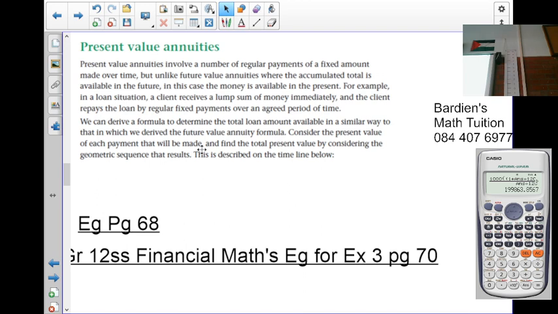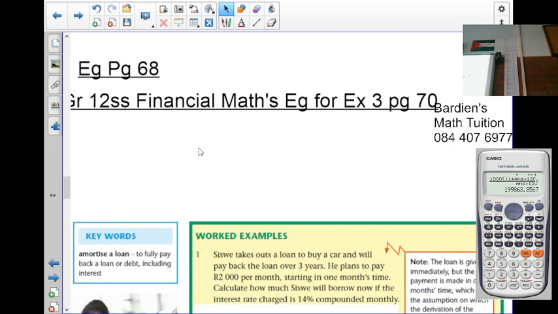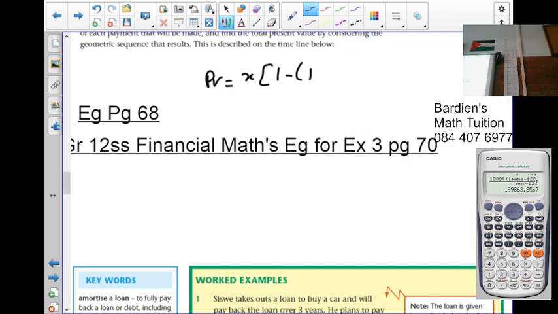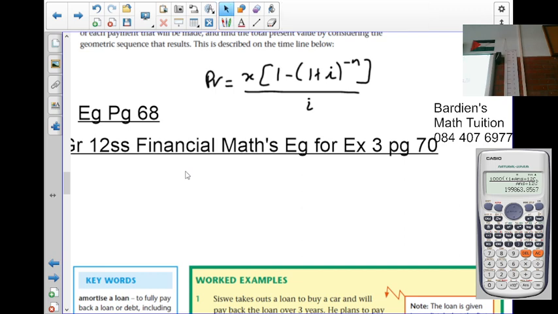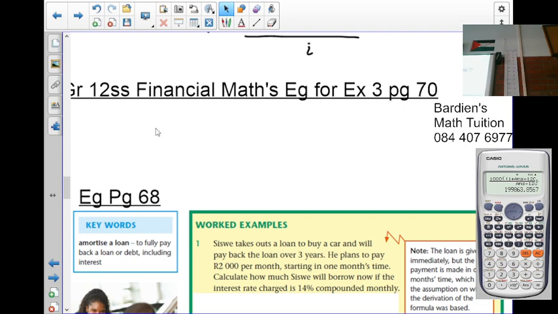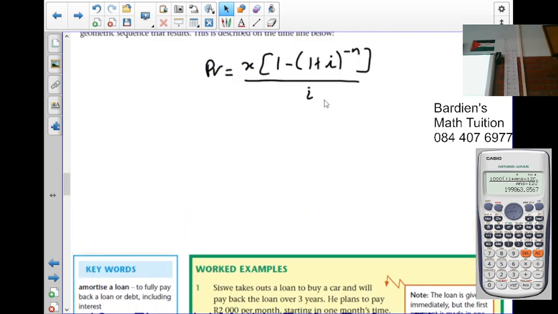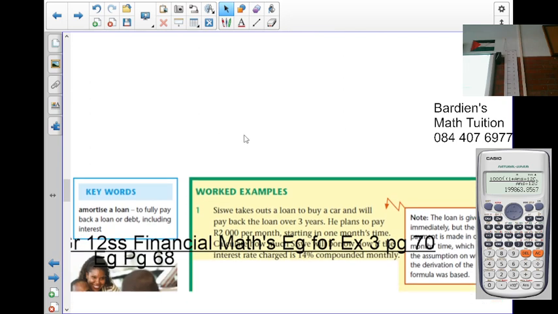The formula is PV is equal to X into 1 minus 1 plus i to the exponent negative n, all over i. That's the present value annuities formula, used when we talk about loans, car finance, or bond repayments.